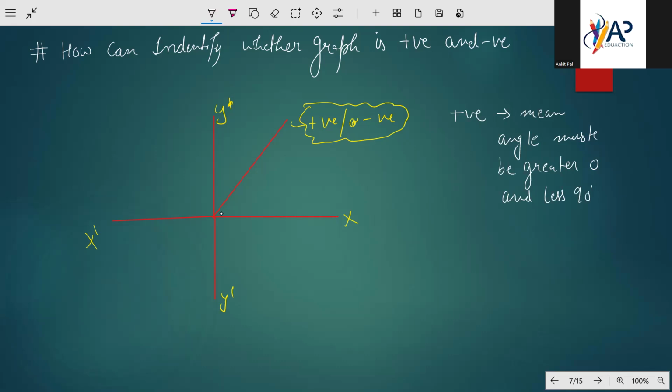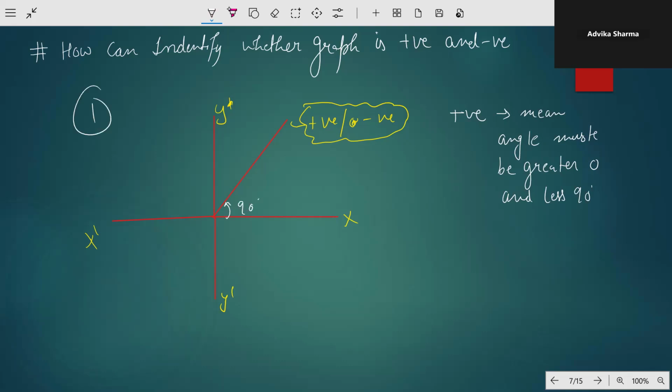See, this angle is less than 90, right? Yes. If the angle is less than 90, then we can say the graph is positive. Yes or no? Yes. Very good.